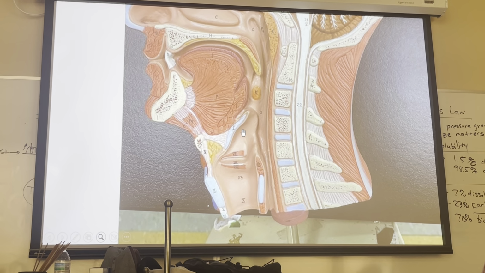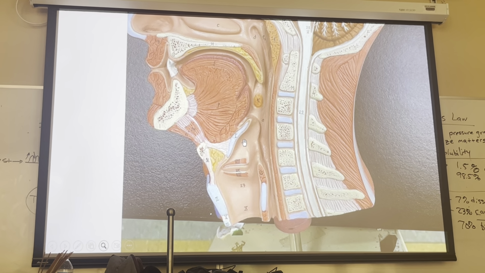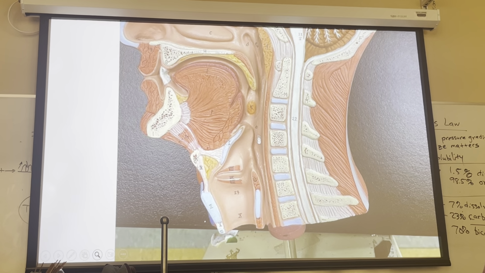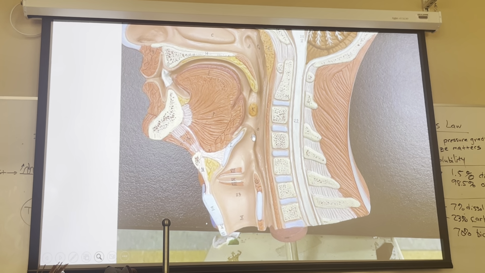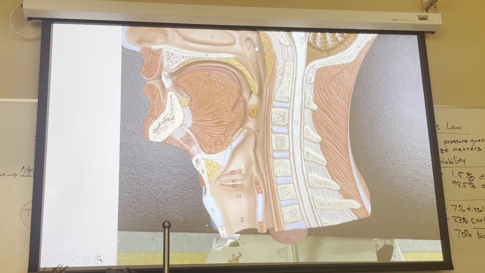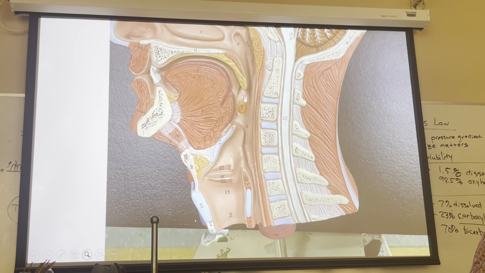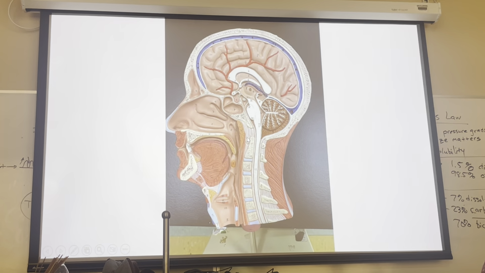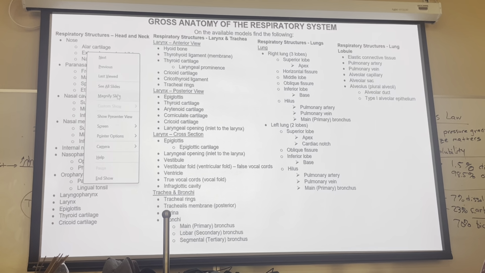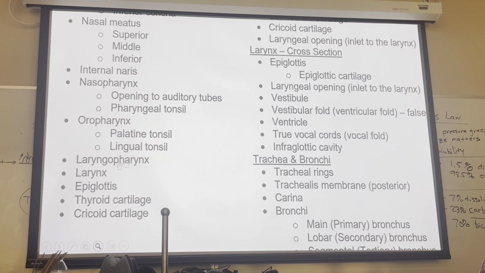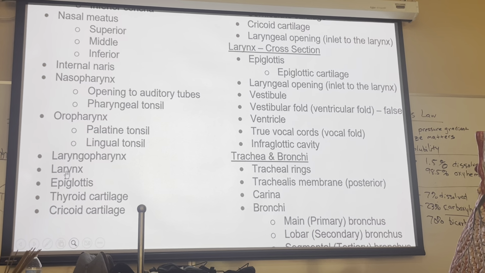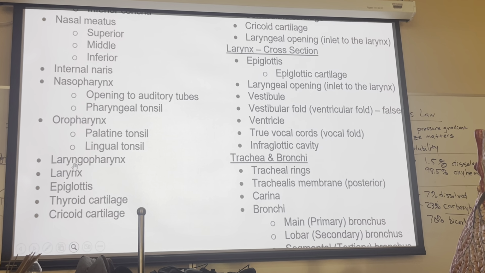We're going to talk about that in a few moments. But the larynx is here anteriorly. So posteriorly, right through this space, you will have laryngopharynx. Naso, oro, and laryngopharynx. You look at the structures list over here, you can see those all lined up for you. Naso, oro, and laryngopharynx.